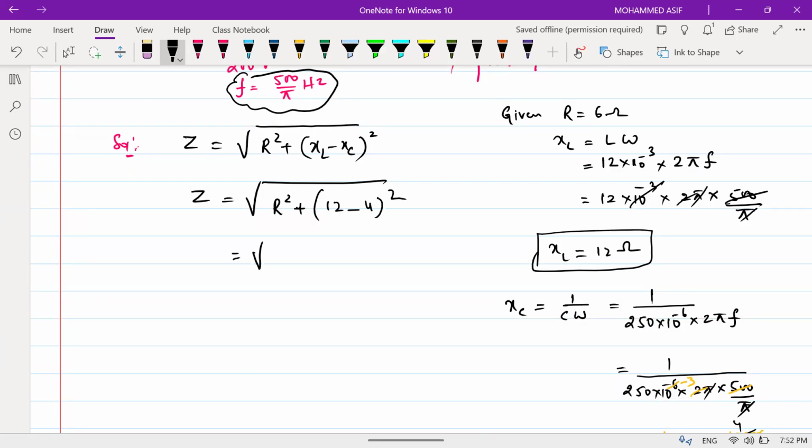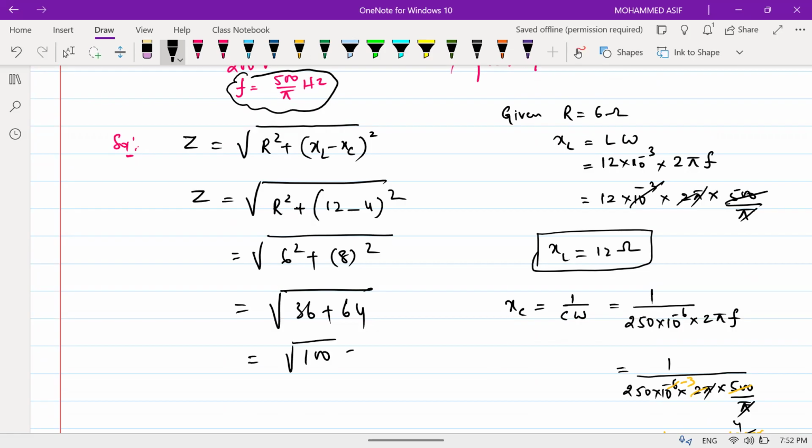R is 6, so 36 plus 8 squared. 6 sixes are 36, 8 eights are 64. The root of 100 is 10 ohms.